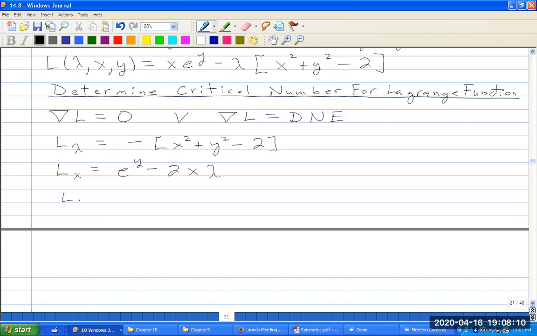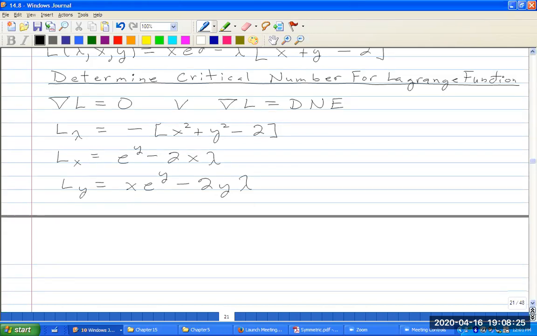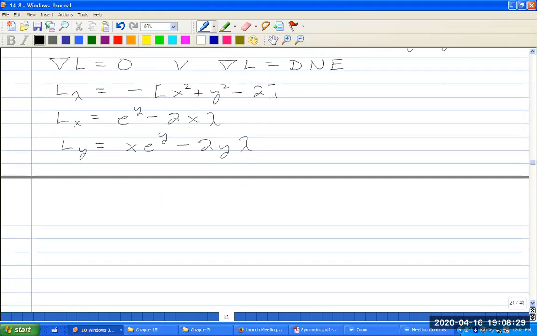Partial with respect to y: x e to the y minus 2y lambda. Okay. So first, let's check when the gradient is 0. So let's set each of these equal to 0.